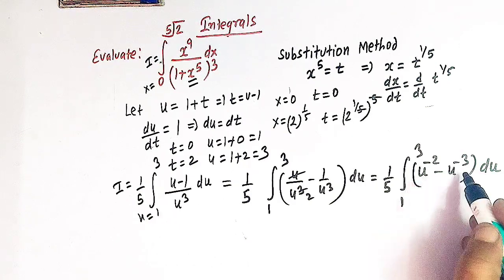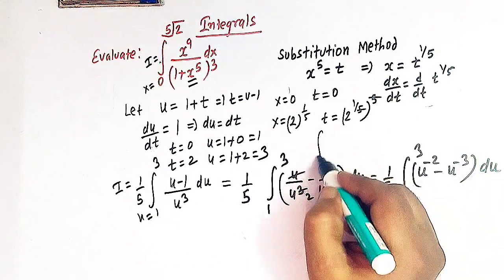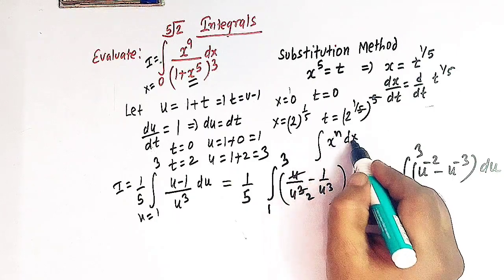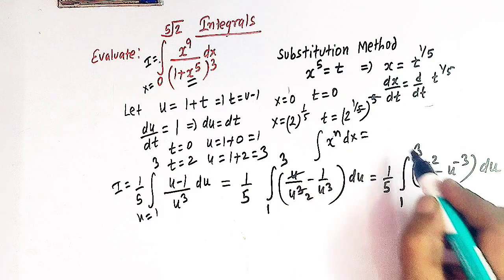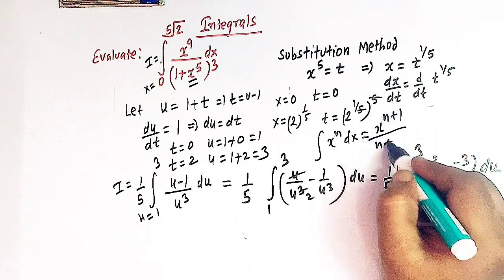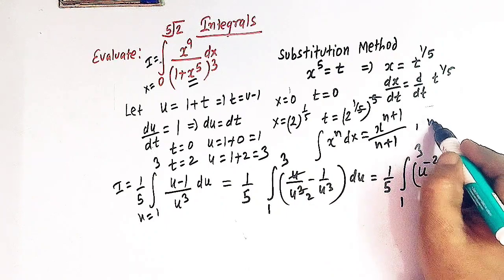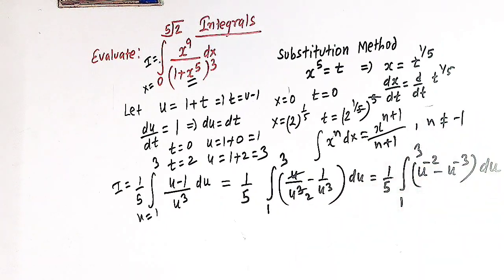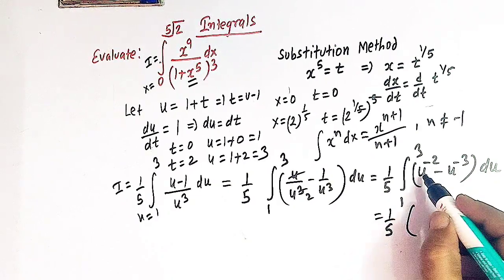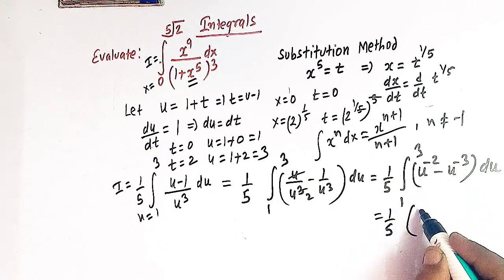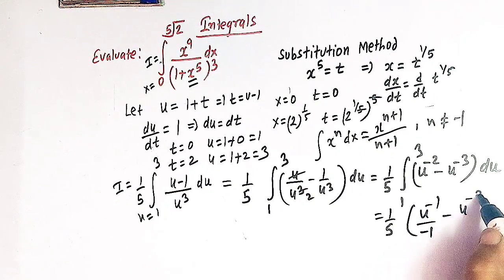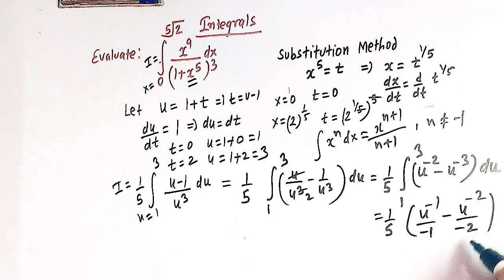So now we have a simple integral here, and using the power rule for integration, that is the integral of x raised to n is x raised to n plus 1 over n plus 1, provided n is not equal to minus 1, right? So here we have 1 over 5. The integral of u raised to minus 2 is u raised to minus 1 over minus 1, and here we have u raised to minus 2 over minus 2, right?